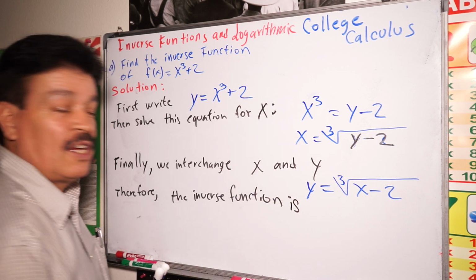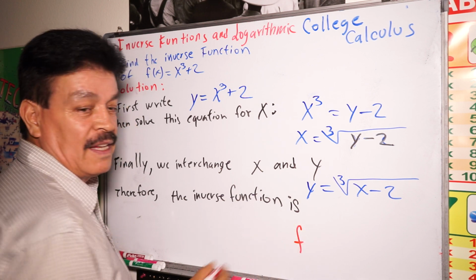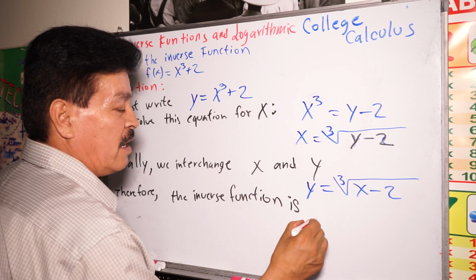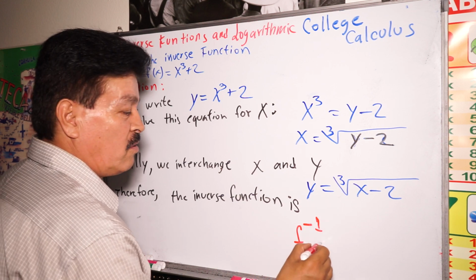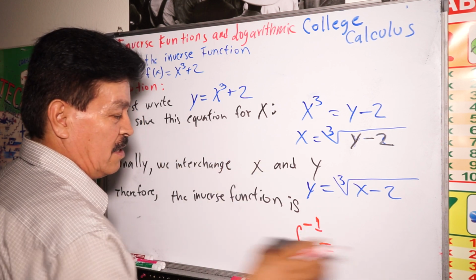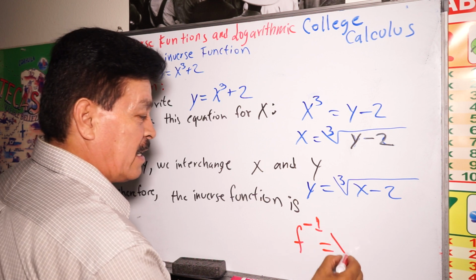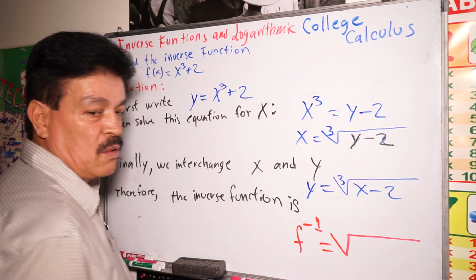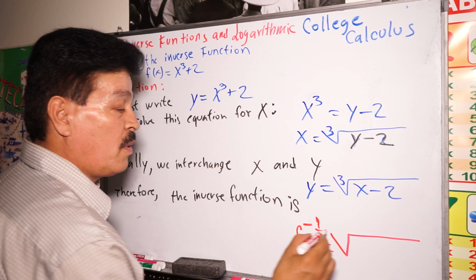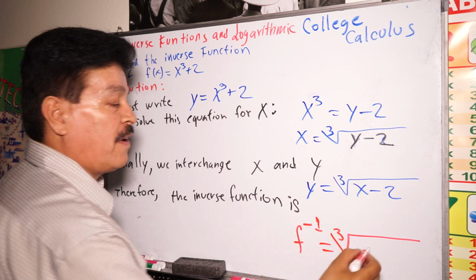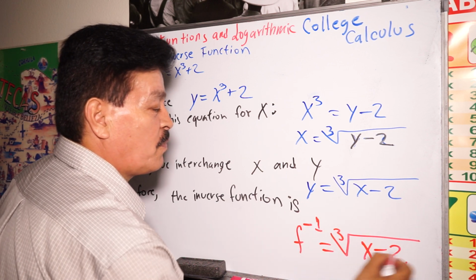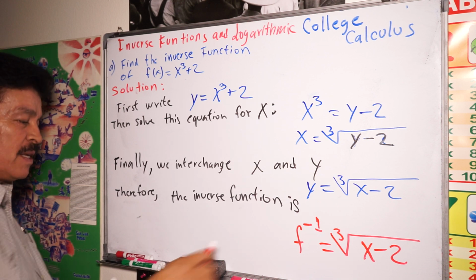What is the inverse function? Look at how I write the inverse function: it equals the cube root of x minus 2. That's the answer.